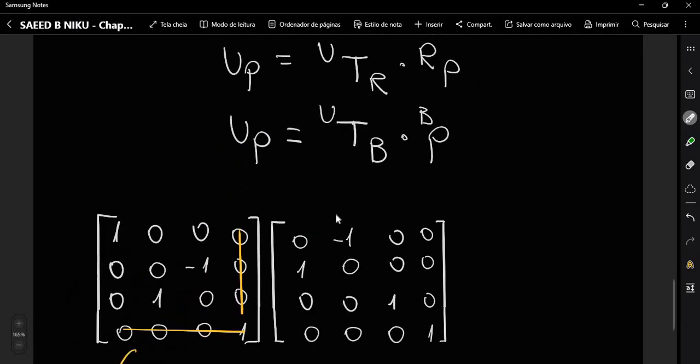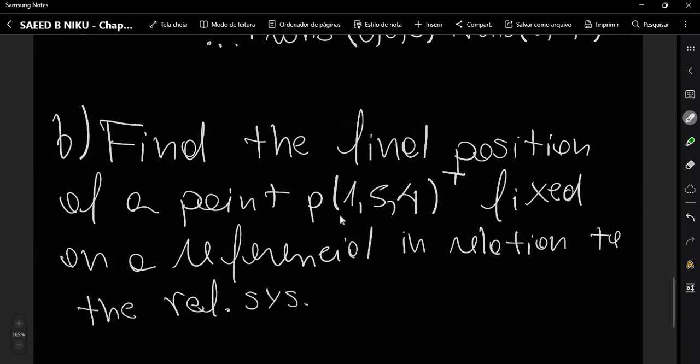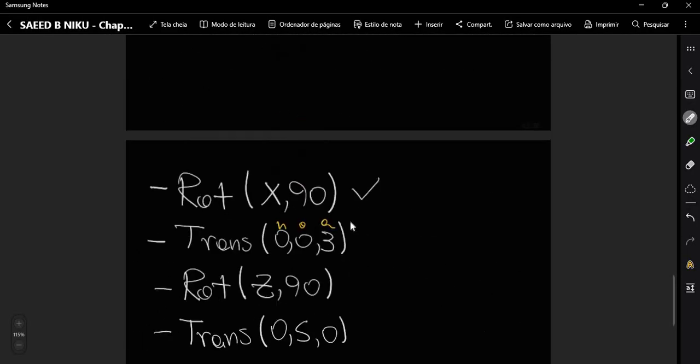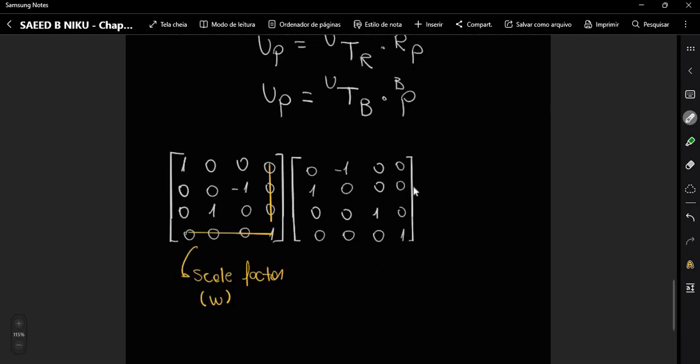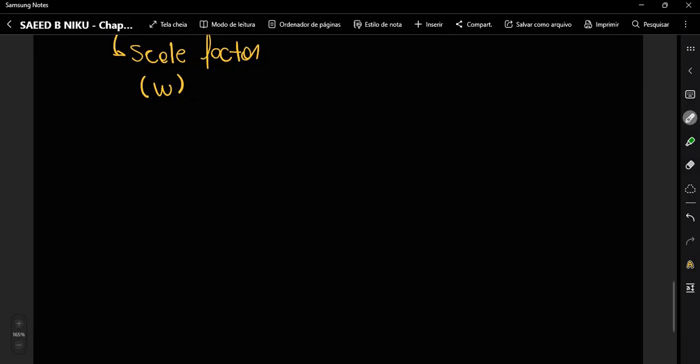And for the transformation, we have to remember that when we are doing a translation, we do not have any transformation of rotation around the axis. So we got an identity matrix.